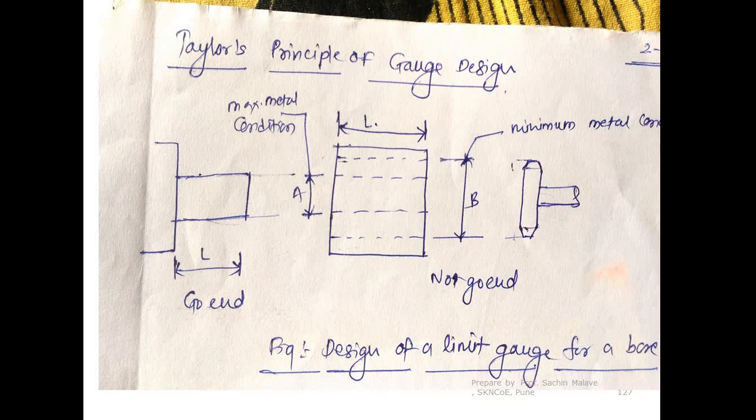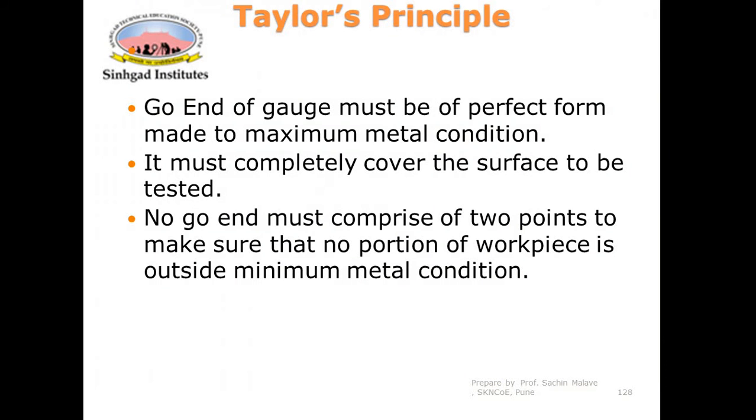Now let us check how it works and why he has made it so. Whatever we have discussed, the go end of the gauge must be of perfect form, made to maximum metal condition. It must completely cover the surface to be tested.